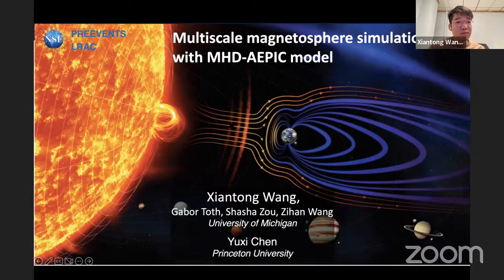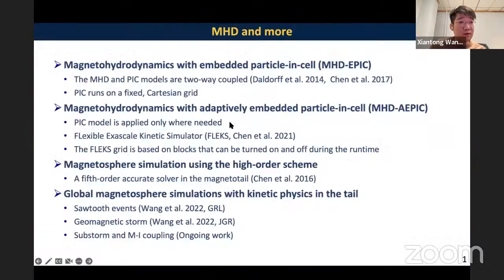So to start with, here is the idea of MHD and more. In our field, when we talk about space plasma simulations, it really starts from an MHD description, because it's a development of the traditional fluid dynamics model.